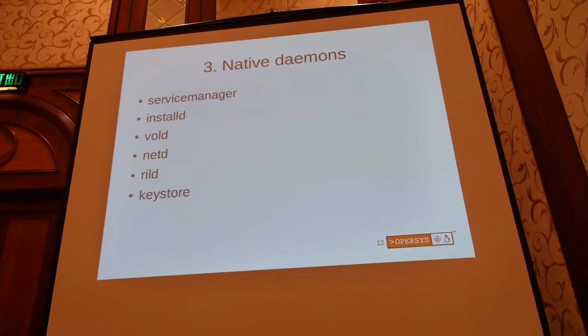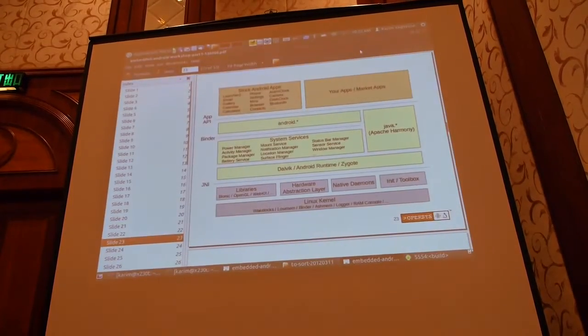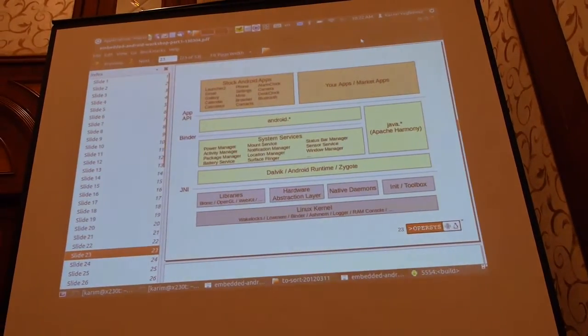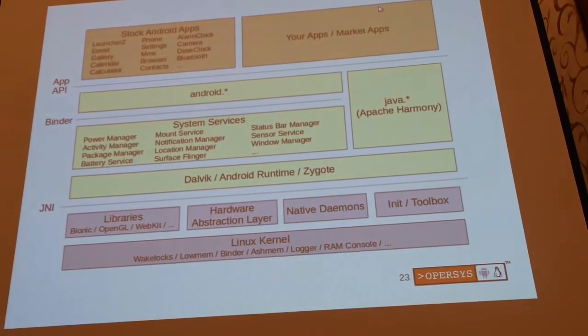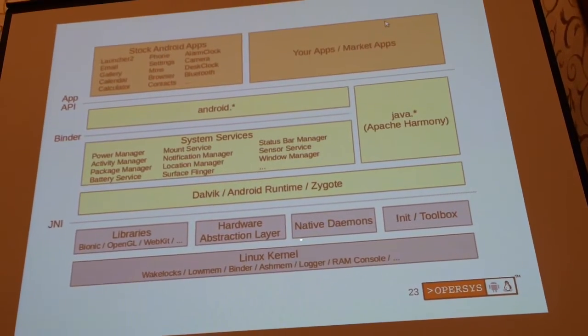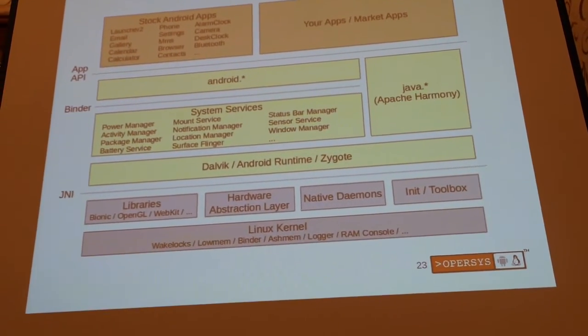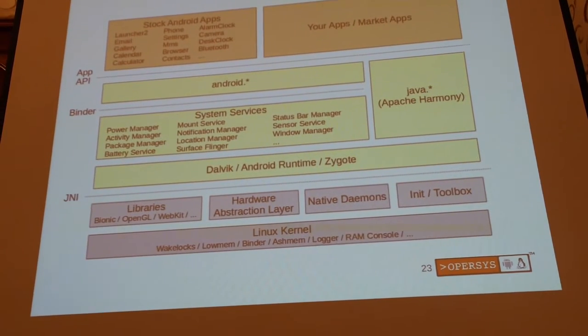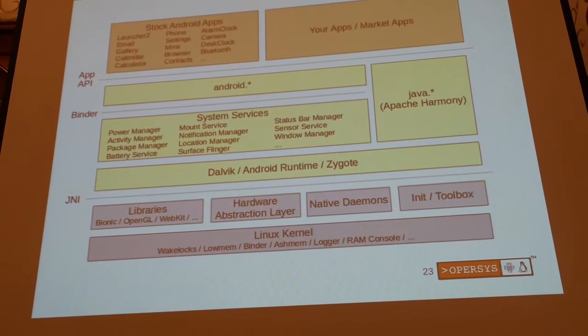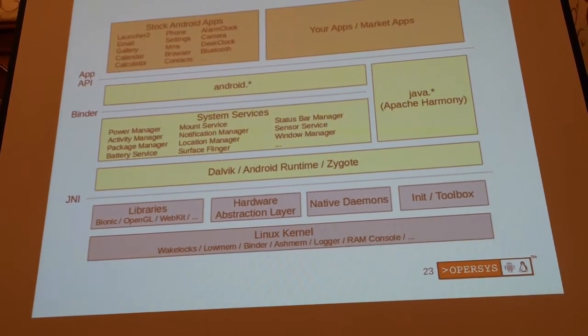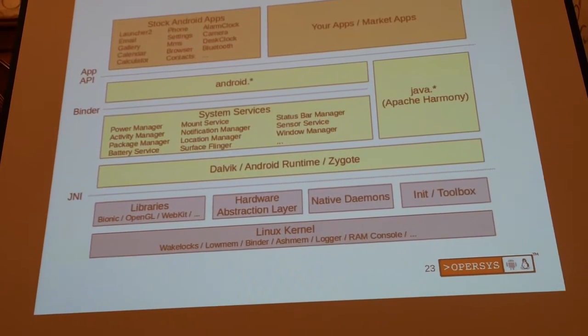Okay, native daemons. So remember in my architecture diagram here, I said there's a bunch of native daemons which are running over here. Now the thing is, the system services are mostly housed in processes which are relatively unprivileged. They run as system or some other user which doesn't actually have root access.